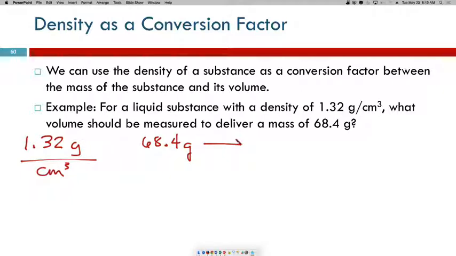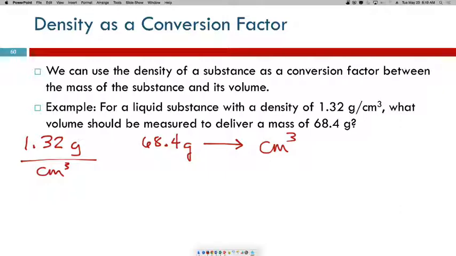So from grams, we want to go to volume. Now, it doesn't give us a particular unit for volume. What would be a really convenient unit to use here? Cubic centimeters. The density is already in grams per cubic centimeter. Cubic centimeters is a perfectly valid unit of volume, so let's just use that one.